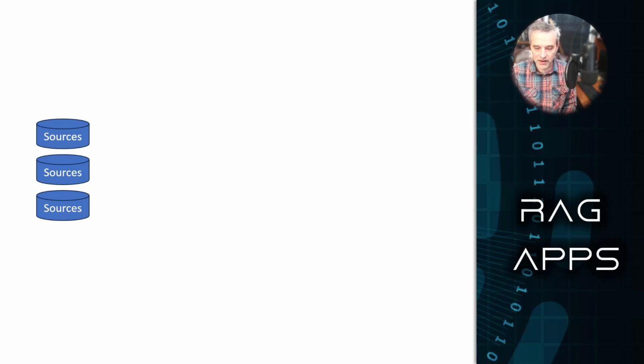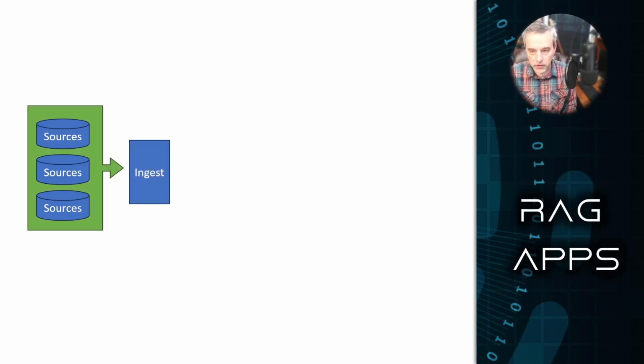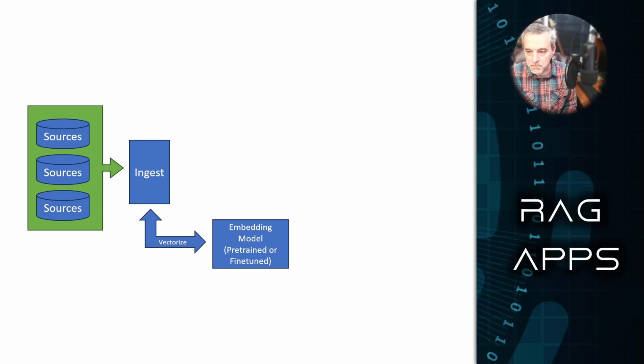So we take that text and send it over to some kind of ingestion algorithm. The ingestion algorithm takes the source text and needs to create a vector from it. That is done by first tokenizing it, and we'll see an example of that. Once we have it tokenized, we pass it off into an LLM that was trained on the same kind of text that is in our source documents.